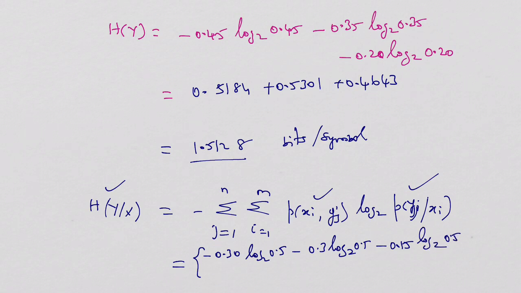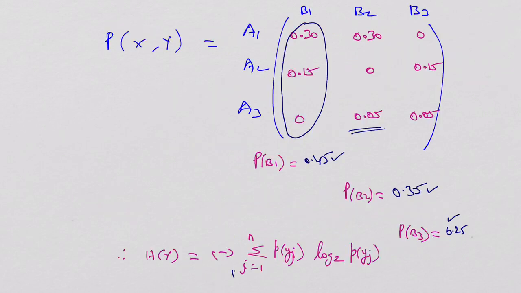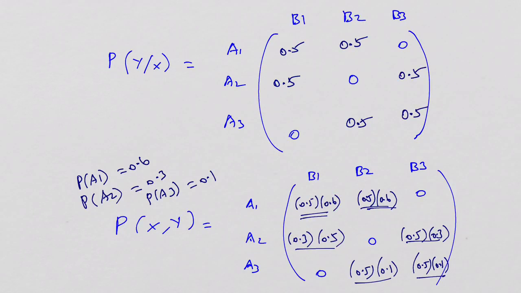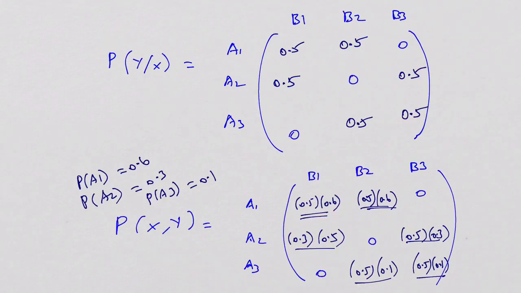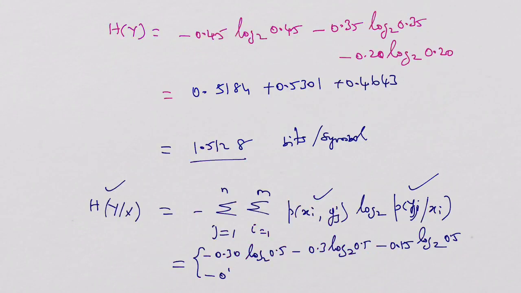Similarly, the next row will be 0.15 multiplied by log to the base 2 of 0.5, minus 0.05 multiplied by log of 0.5 to the base 2.